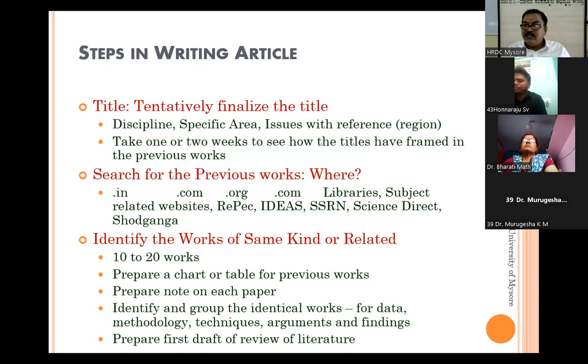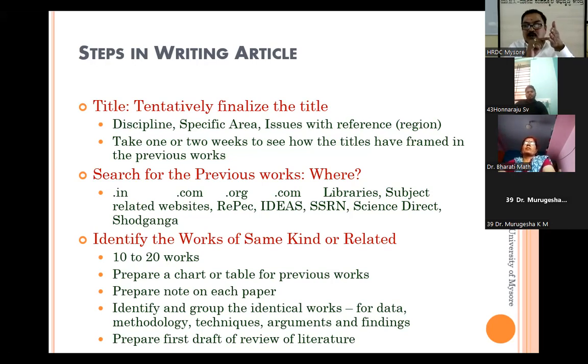Download all those things, because once you have downloaded, you can prepare a table of contents. What are the issues discussed in each of the papers? You write a small description about each of the papers. What are the major issues discussed? What is the data used?